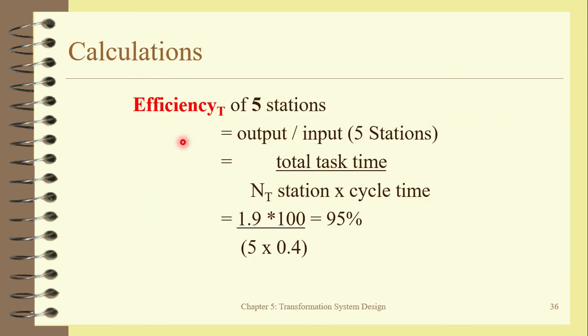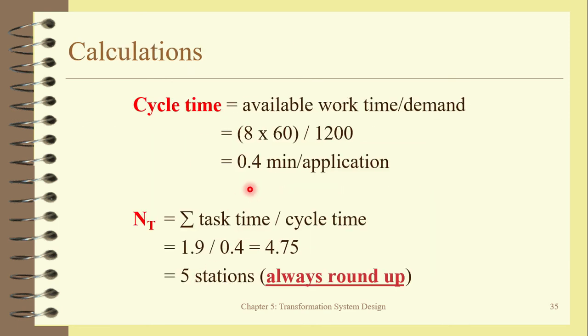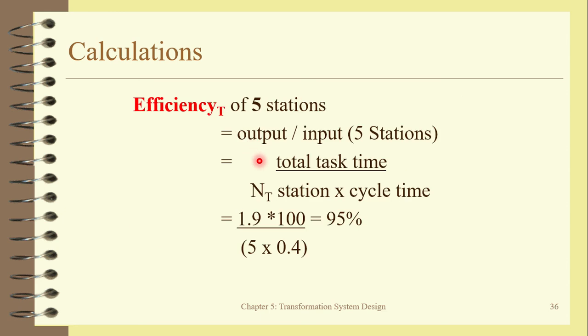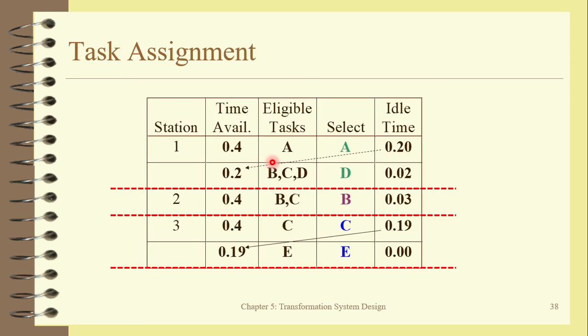Since the cycle time is equal to 0.4, the maximum time that each workstation could use is equal to the cycle time. So the available time of each station at the beginning is always 0.4 here. This is starting from the cycle time.